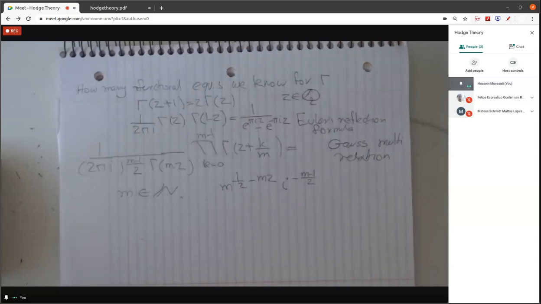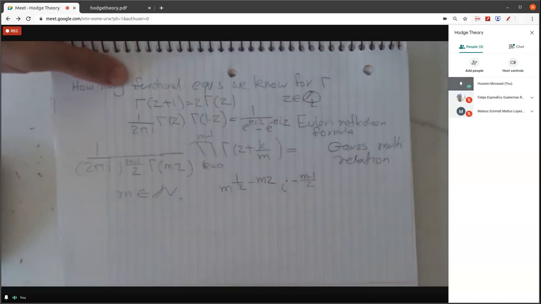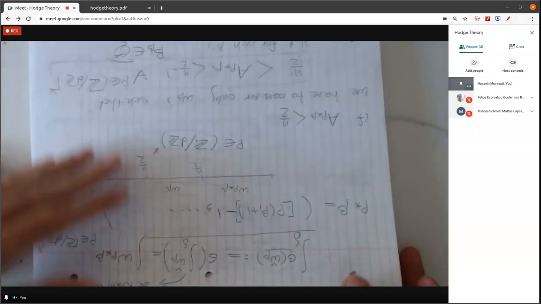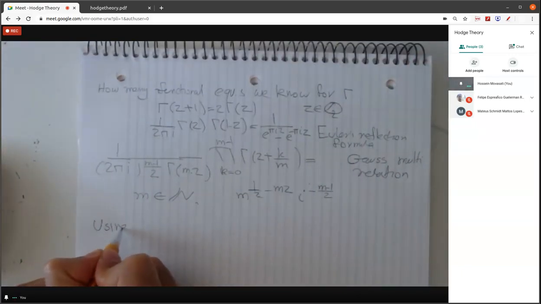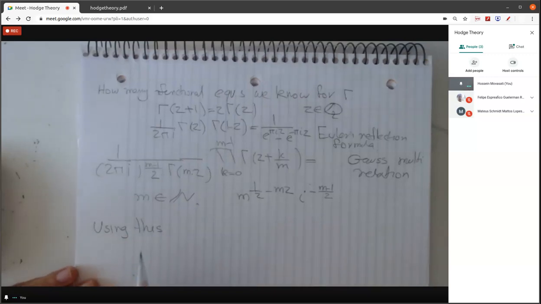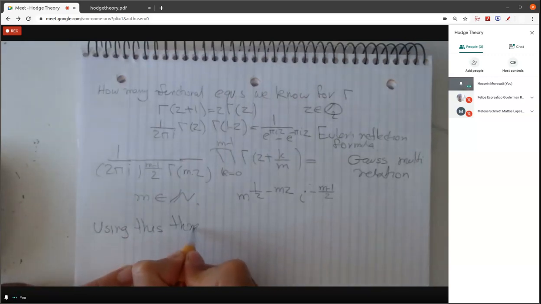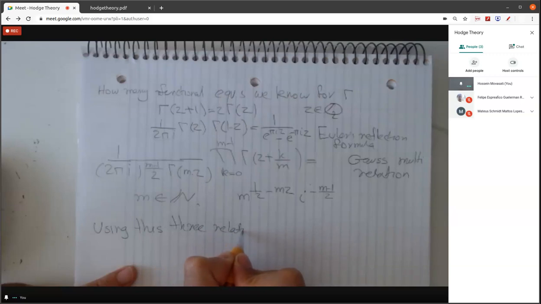So we know these relations, and you can try at least some examples by hand using these three relations.